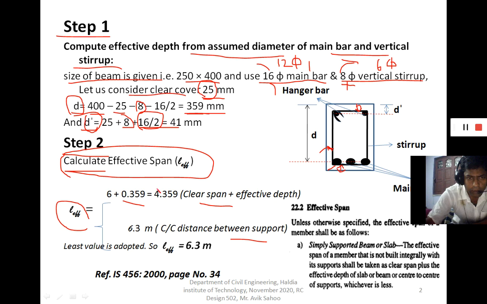So here I did a mistake, actually this will be 6.359 meter. The clear span is 6 meter. We add the effective depth, and it is 6.359 meter. And the center to center distance is 6.3 meter.